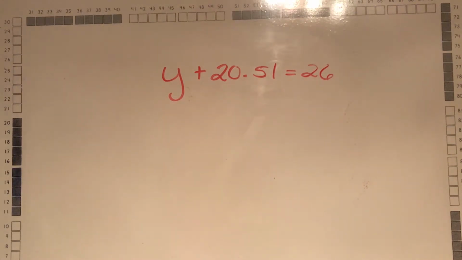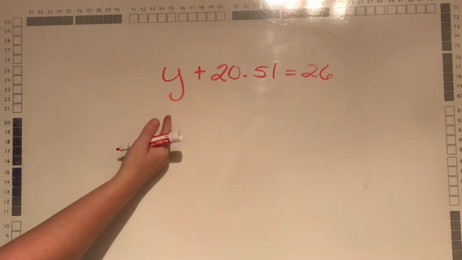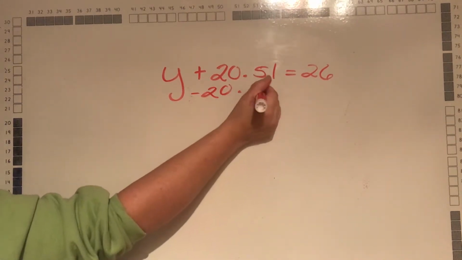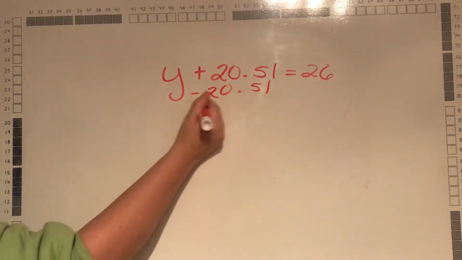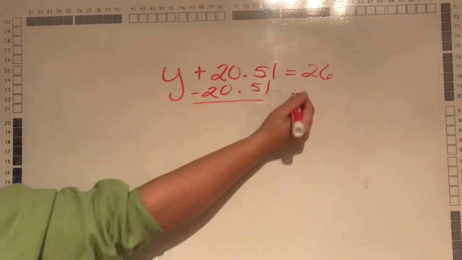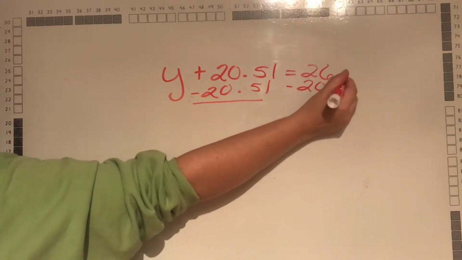Now, what we do to one side of the equation, we have to do to the other. And what we want to do on this side of the equation is isolate y. The only way we're going to do that is if we subtract 20.51. But if we do it on this side, we have to do it on this side. So over here, we're going to subtract 20.51.